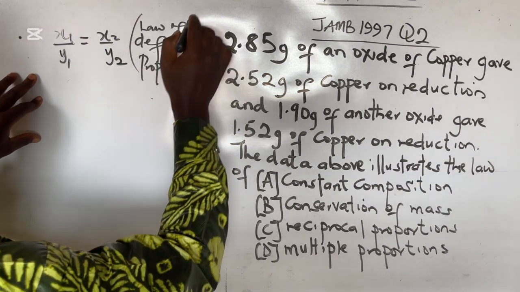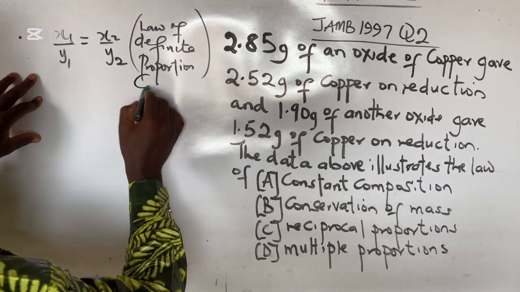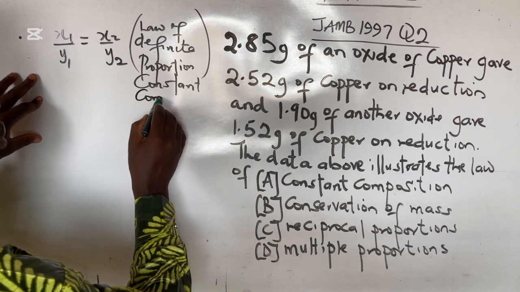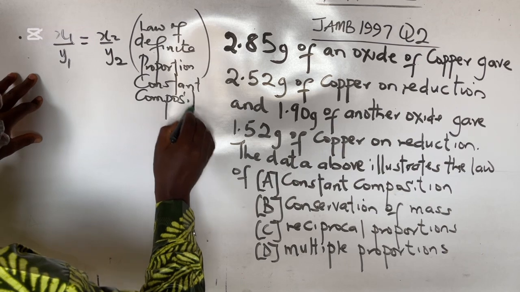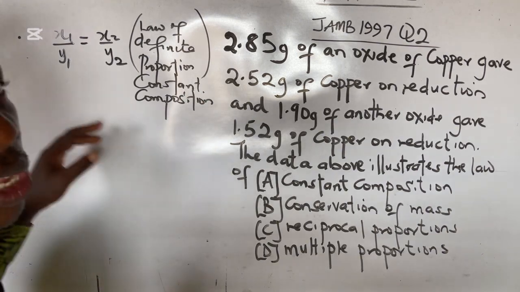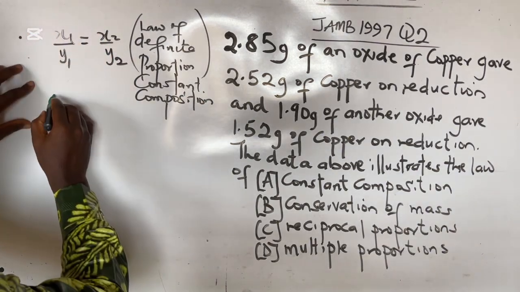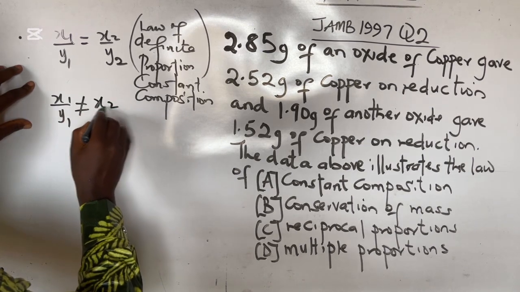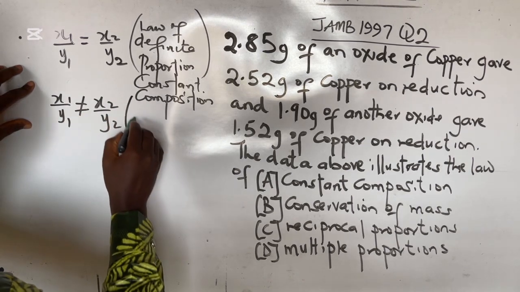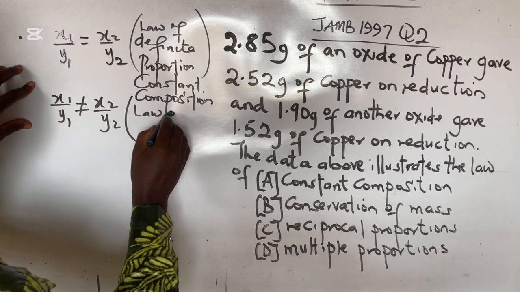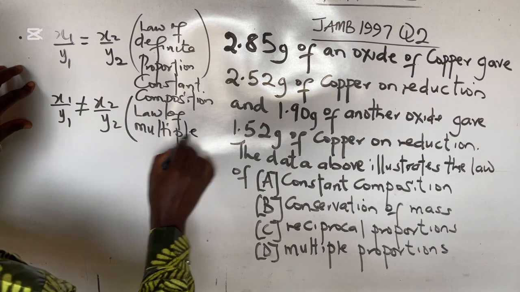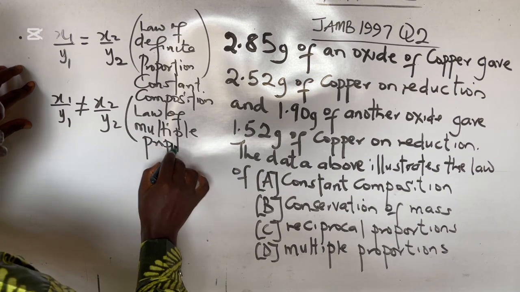Another word for the law of definite proportion is constant composition. If they are not equal, if x1 over y1 is not equal to x2 over y2, then it is the law of multiple proportion.